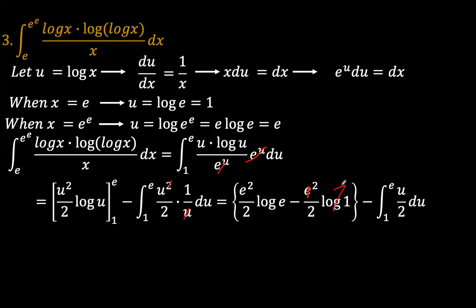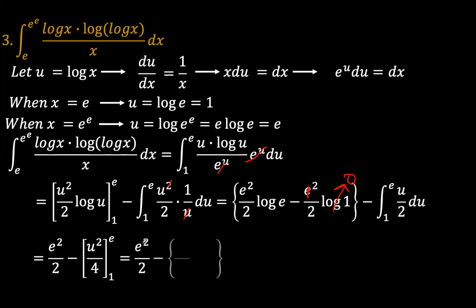This tends to 0. And so we are left with e squared over 2 log e, which is the same as 1. And so we have e squared over 2 minus the integral, which is u squared over 4 with the necessary limits. So we have e squared over 2 minus e squared over 4 minus a quarter.